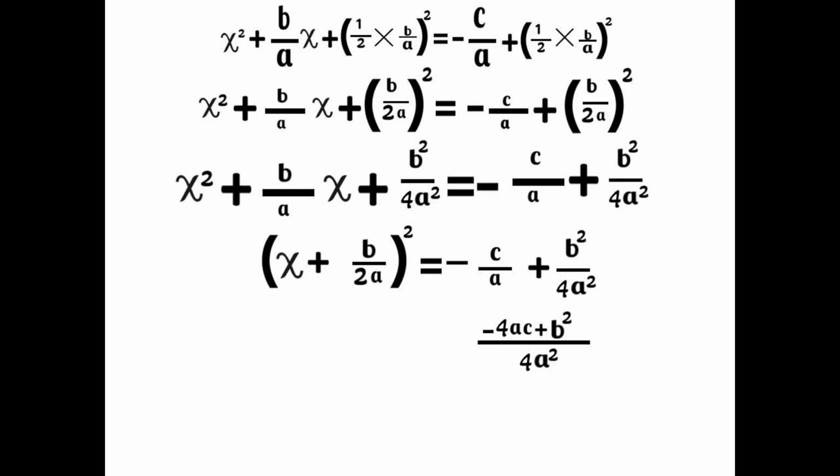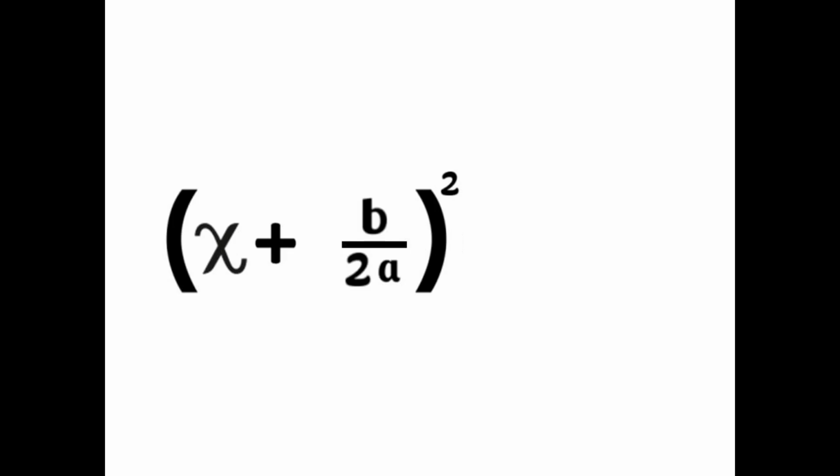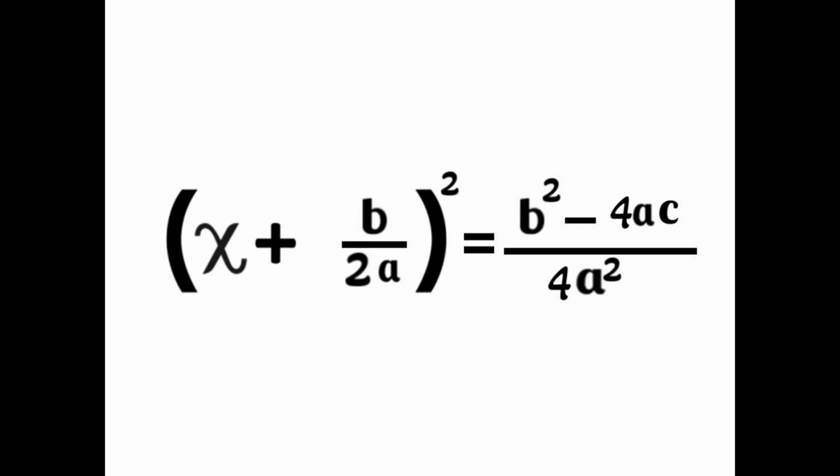So when we divide 4a squared by a, we're going to have minus 4ac plus b squared, because 4a squared divided by 4a squared is 1. Now the new equation is (x plus b over 2a) squared equals b squared minus 4ac over 4a squared.